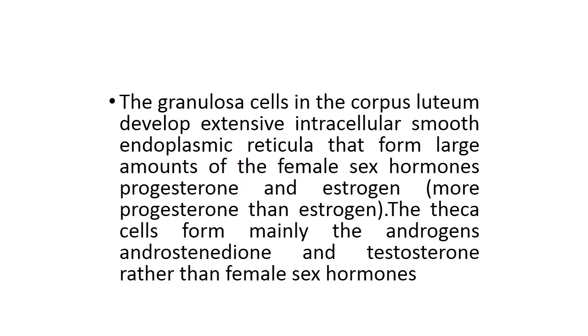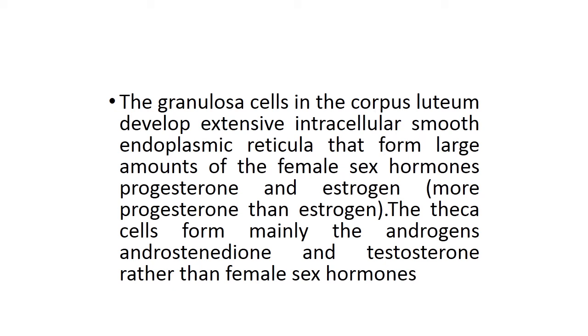The enlargement of the corpus luteum occurs initially after the process of ovulation, and once it is enlarged, it keeps the rate of progesterone and estrogen under control. It secretes the hormone progesterone that brings about changes after ovulation.